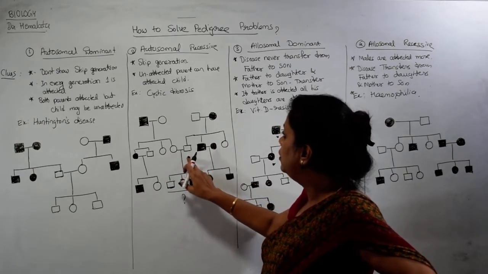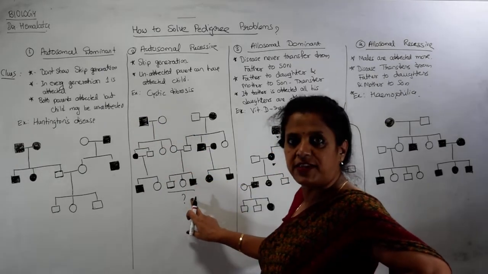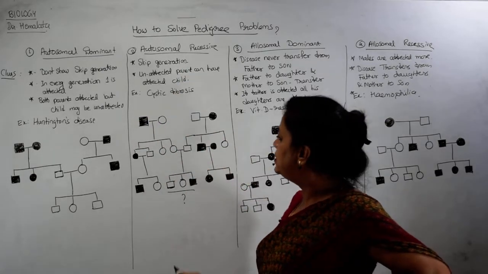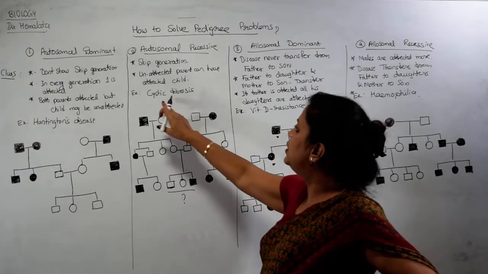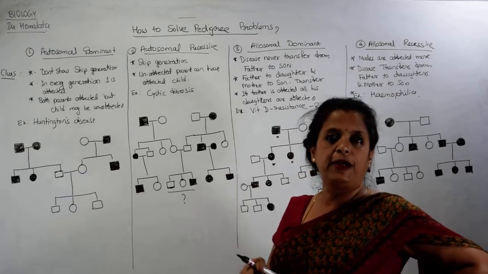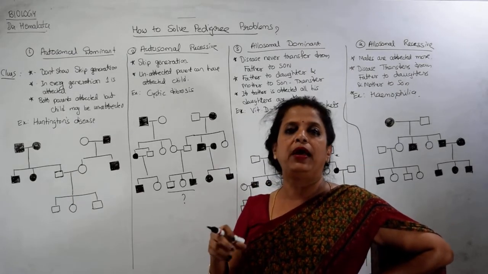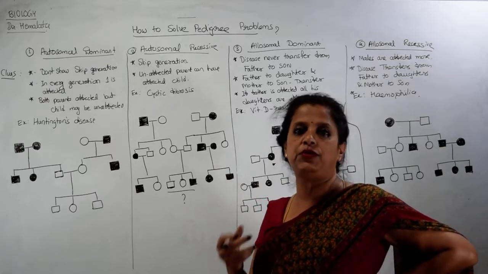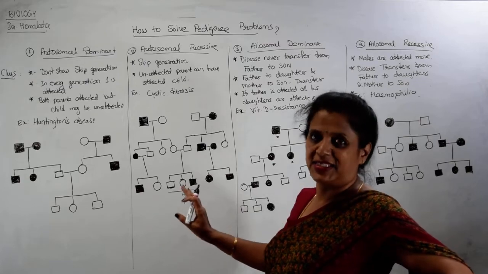If they get married, still she might have got the gene from her father, and it is affecting her son. This is the indication that it is autosomal recessive inheritance. The example for this is cystic fibrosis. It's a genetic disorder happening in the lungs, and it affects the respiratory and digestive systems also. This is the second, autosomal recessive character.